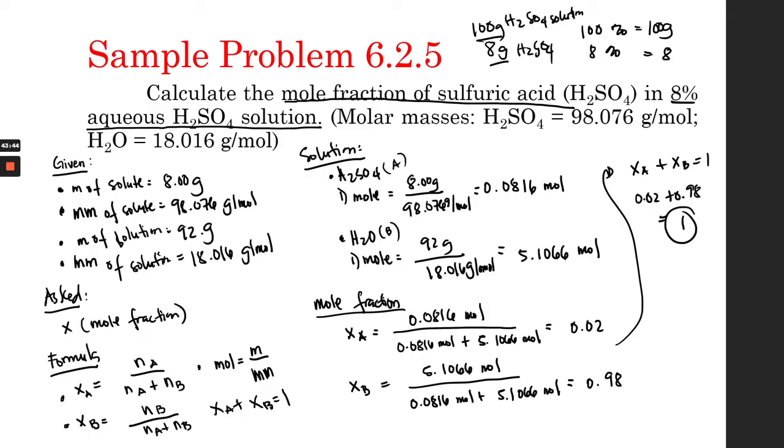You can also just substitute XA and subtract it from 1, and you will get XB. You don't need to do this, but it's just to make sure that you're actually correct. And that's how you solve for the mole fraction. So the answer is 0.02 for H2SO4 and 0.98 for XB, or H2O.